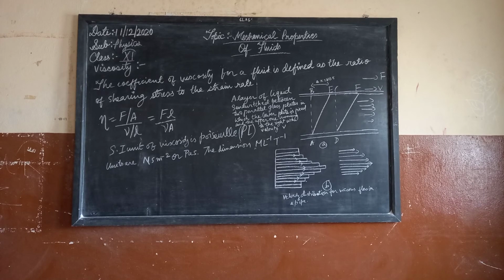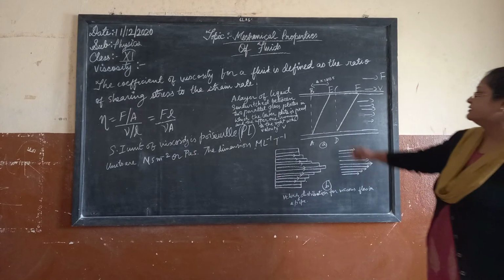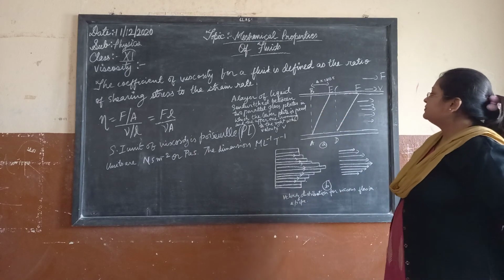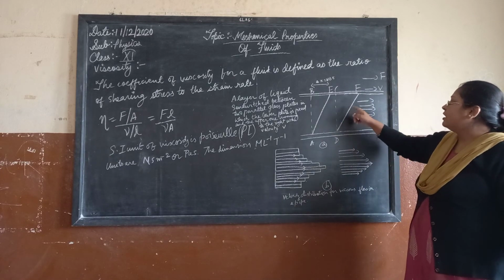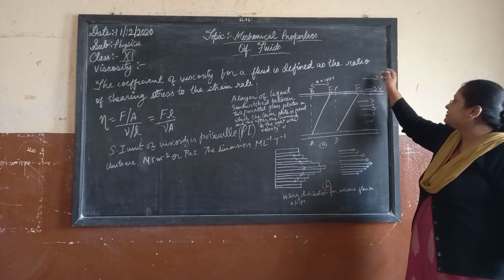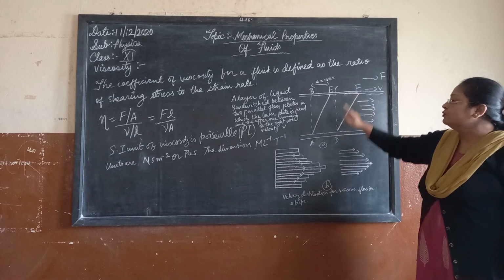This second figure is the velocity distribution for viscous flow in a pipe, and this is the liquid sandwiched between two glass plates, in which we have taken honey and oil dropped in this particular field, and it is moving like this. This plate is fixed and this plate is moving.